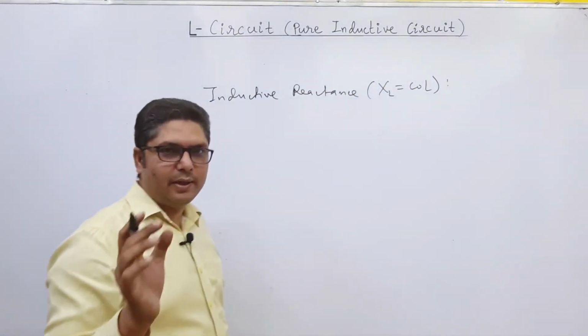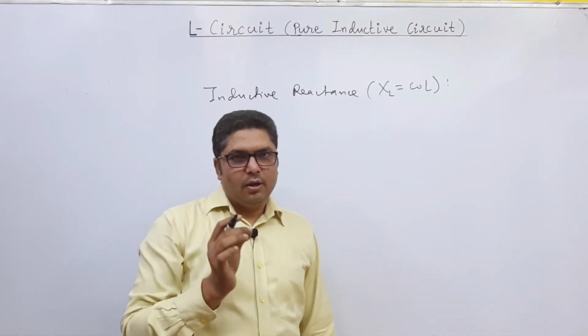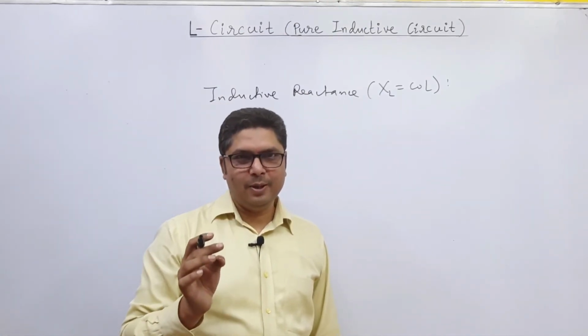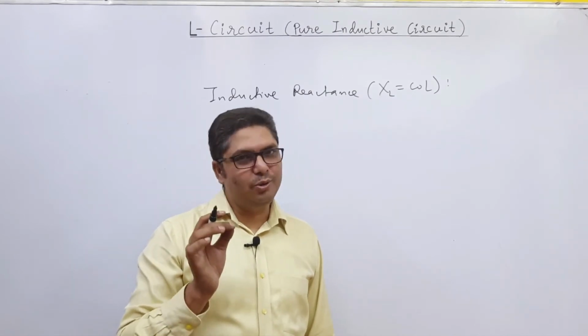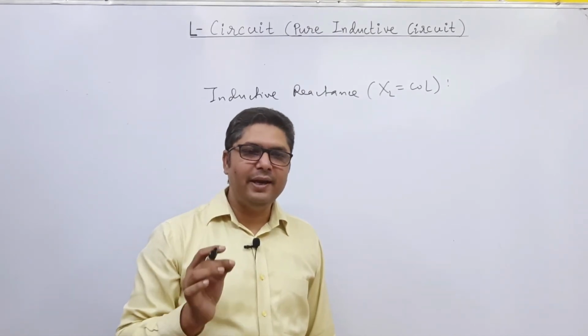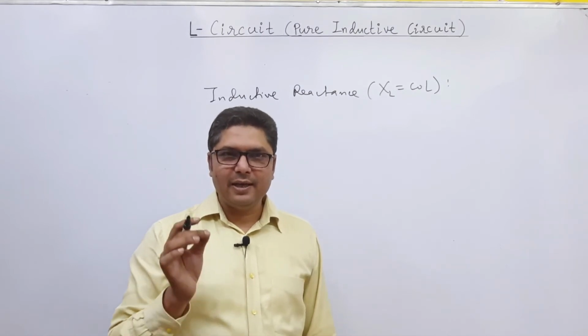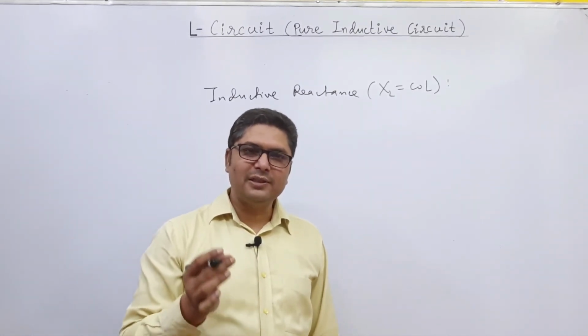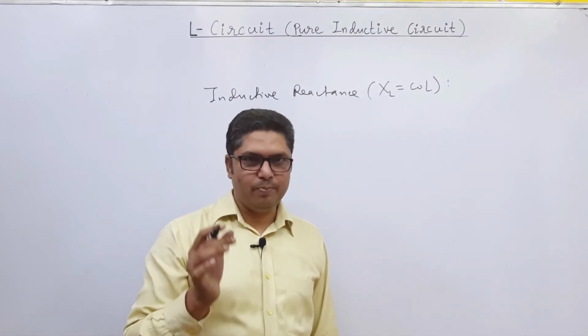What is inductive reactance? The resistance offered by an inductor to the flow of current through it is said to be inductive reactance. Since it is a type of resistance, its SI unit is also ohm.